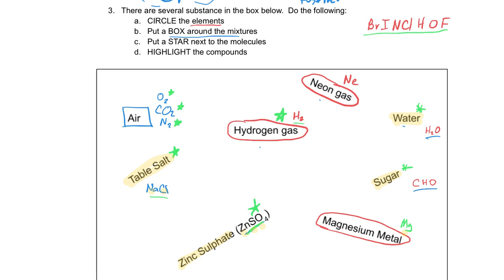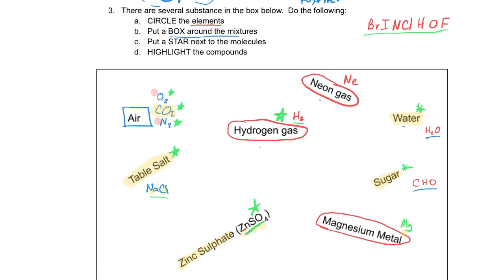Now, if we look at air, carbon dioxide is a compound. Oxygen and nitrogen are not. Those are technically elements. All right? So, you should notice that pretty much every individual type of thing is either a compound because it's made of more than one type of atom, or it's an element, meaning it's only made up of one.